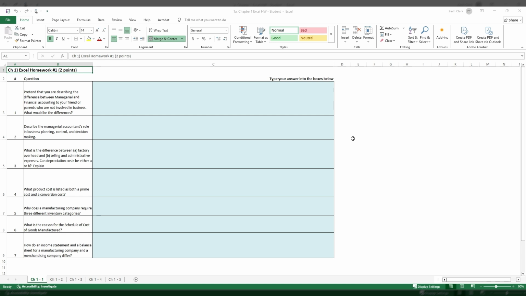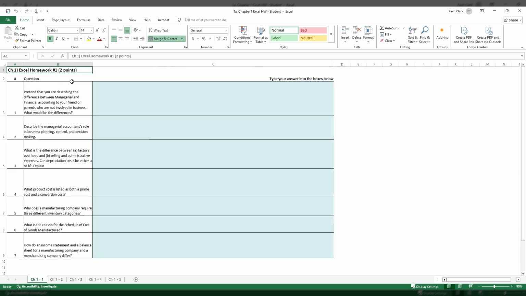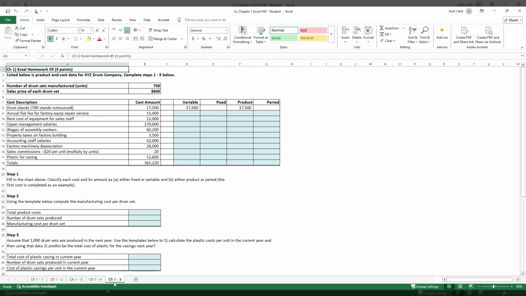Okay, and just one more thing to highlight here. We do have a number of tabs, and you'll see Chapter 1.1, which corresponds to the first problem in the homework assignment, 1.2, and then I've also detailed the point value of each individual tab so that you can see how much each exercise is worth, and they are all intended to add up to 10 points total.